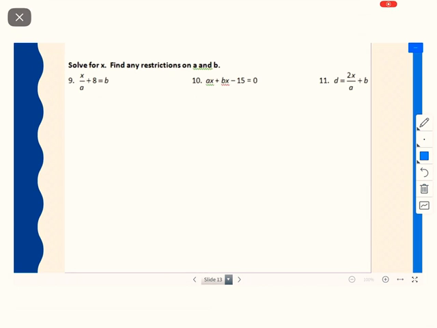So in number 1, we have x over a plus 8 equals b. So the first thing I'm going to do is subtract 8 from both sides. And then we're going to multiply both sides by a.